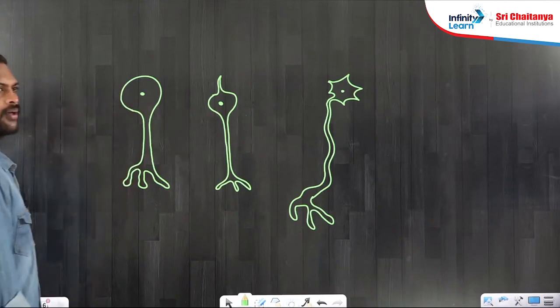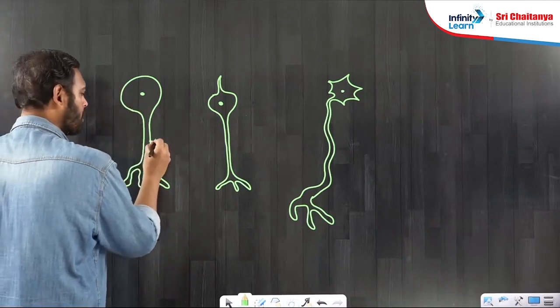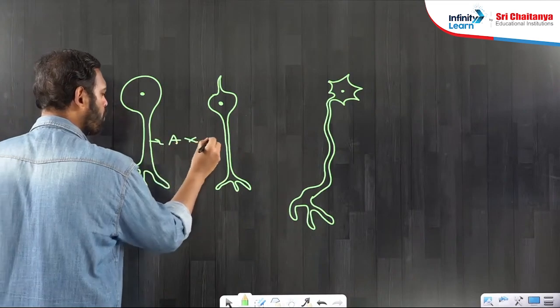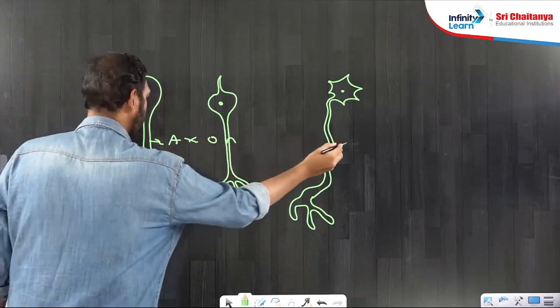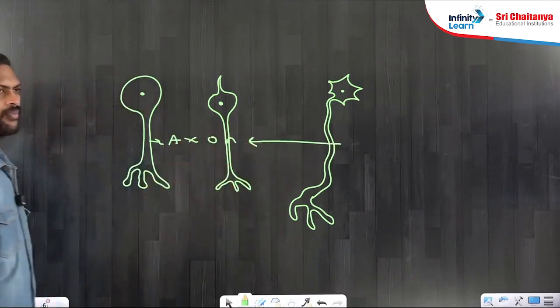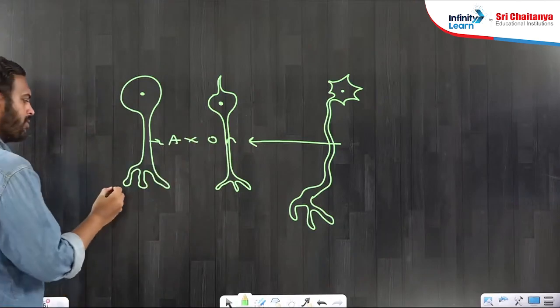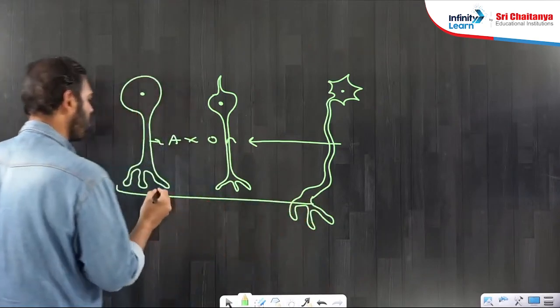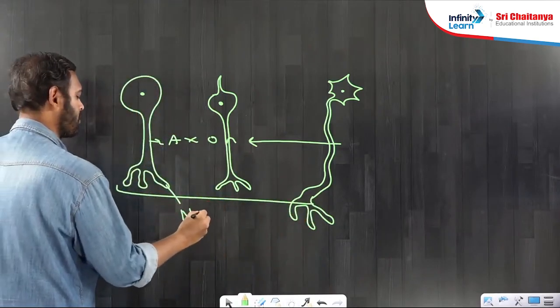Done. Guys, this elongated portion of a neuron was known as axon, right? Axon. These end parts of neuron are nerve terminals.